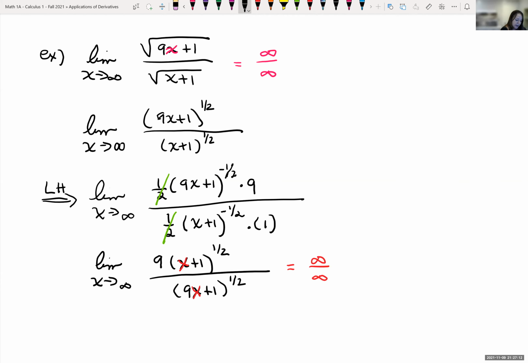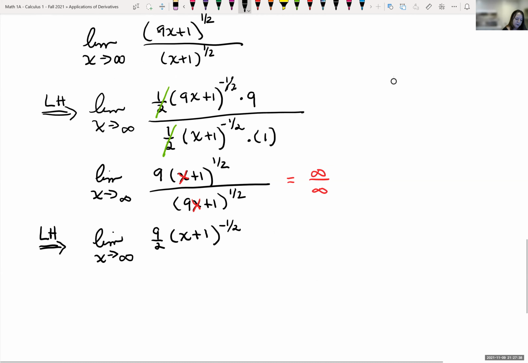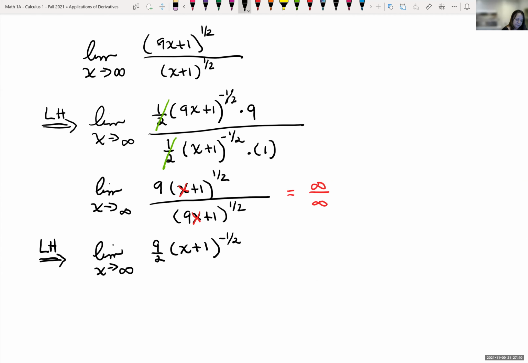So we could apply L'Hopital's rule again. Okay, so taking the derivative of our numerator, bringing my power down front, I have 9 times 1/2 or 9/2 of the inside, x plus 1, subtract 1 from my exponent, negative 1/2, all over the derivative of the denominator.